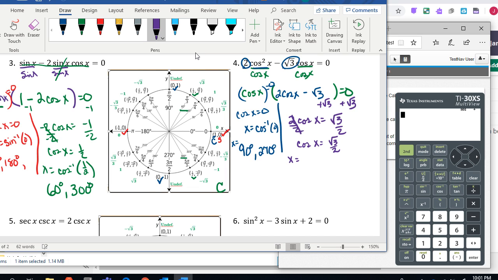So x equals cosine inverse of square root of 3 over 2. And it's only positive, so again, it can only be these 2 quadrants. So there's the square root of 3 over 2, here's the square root of 3 over 2. So this is where x is equal to 30 and 330.